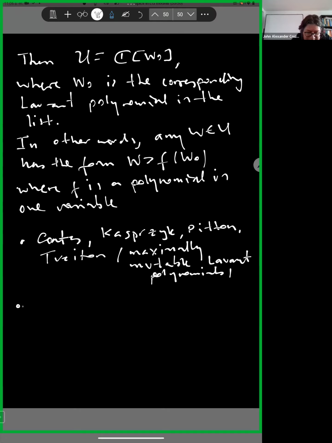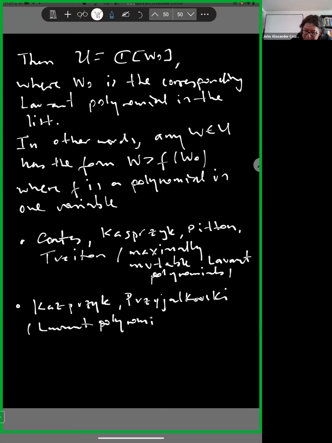And you can also find it in this paper by Kasprzyk and Przyjalkowski. The paper is Laurent polynomials in mirror symmetry: why and how?